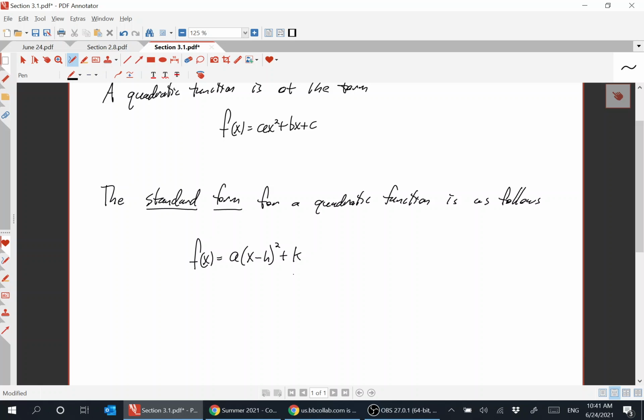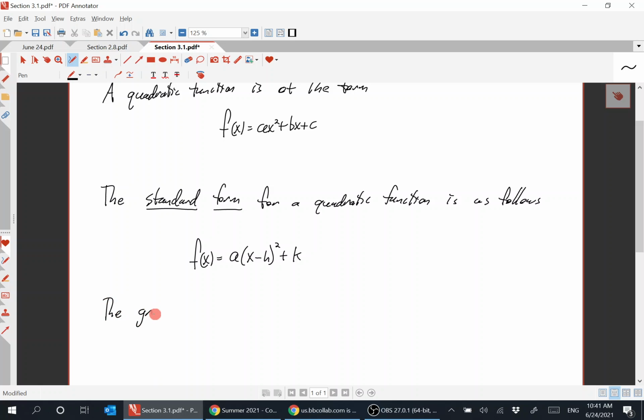And this is a standard transformation, all those transformations we talked about in section 2.6, from the standard parabolic function f of x equal to x squared.